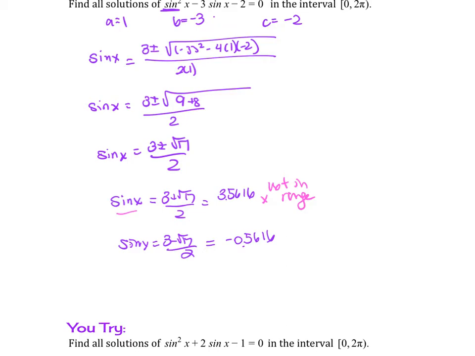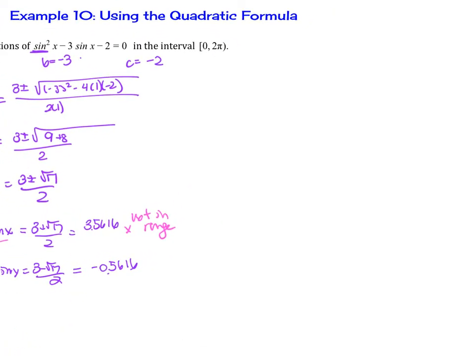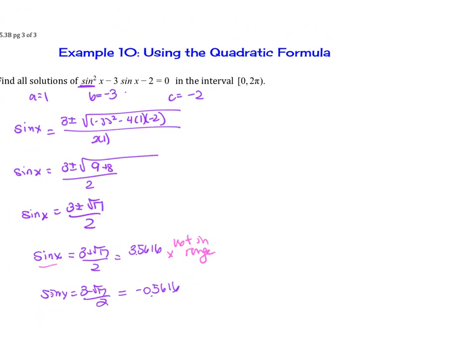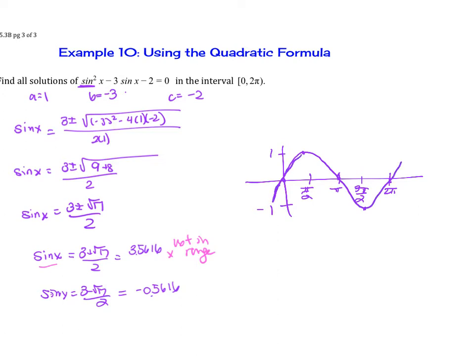Remember the graph of sine of x, we'll do it right over here. Let's graph sine of x real quick, because we do need that. Okay, so here is our graph.